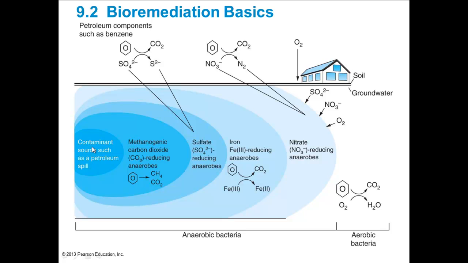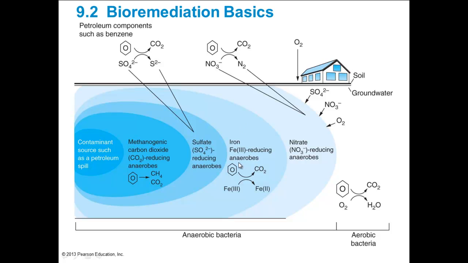I want you to pay very close attention to this. The first reactions that occur in the groundwater when a contaminant is encountered are aerobic. Then after the oxygen is depleted, you get a zone of denitrification where nitrate is the electron acceptor. After nitrate is depleted, you get an iron-reducing zone where iron 3 is the electron acceptor.